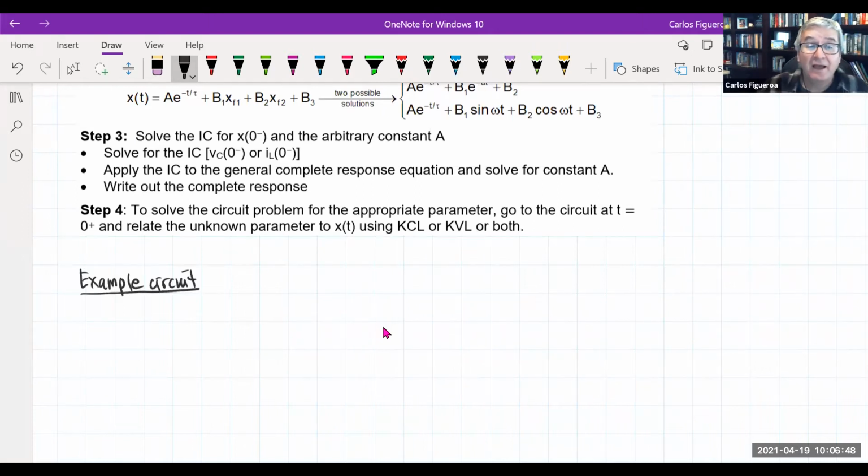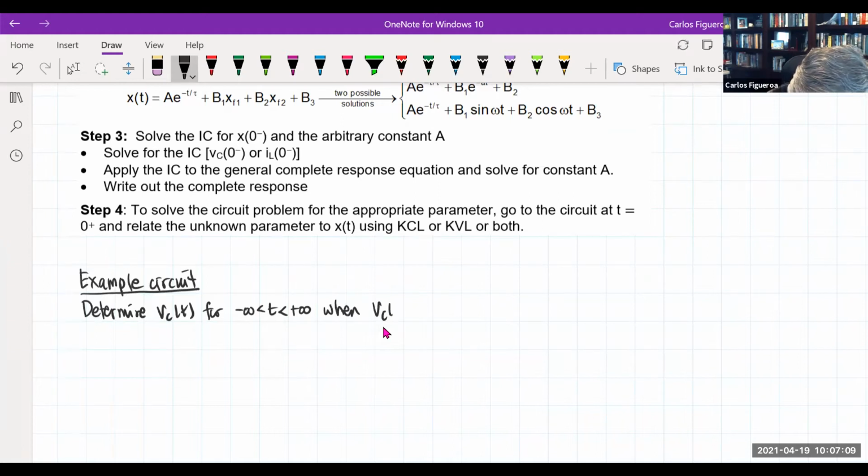What we want to do is determine VC of t for t from minus infinity to plus infinity. Here we're going to say that there's an initial condition of 4 volts on the cap.